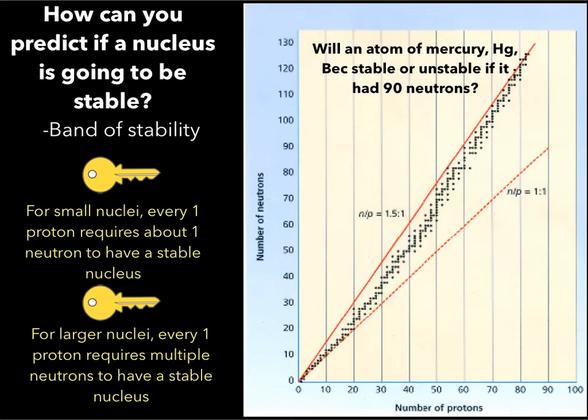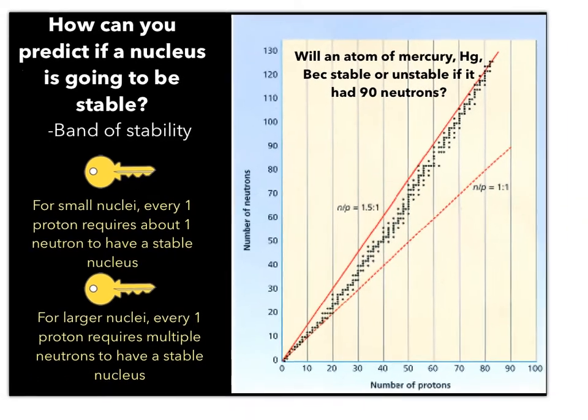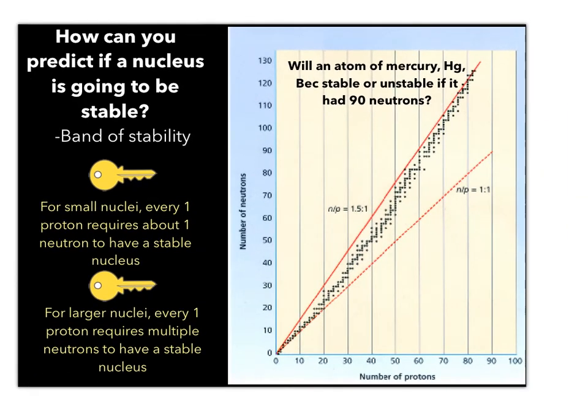So let's talk about how we can figure out for any atom if it's going to be stable or not stable. We have an example right here, mercury, Hg. This is a graph where we have protons on the x-axis and neutrons on the y-axis. You can see that where the proton to neutron ratio is 1-to-1, it's touching this red line right over here.